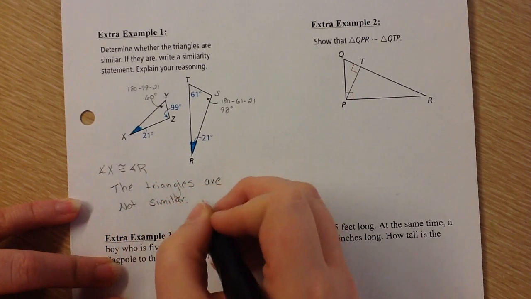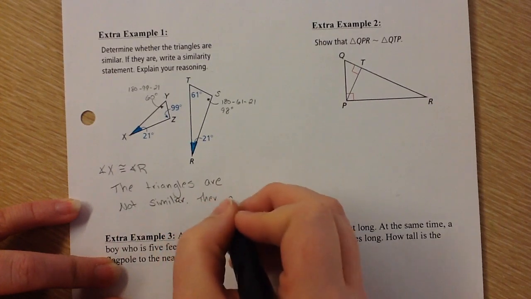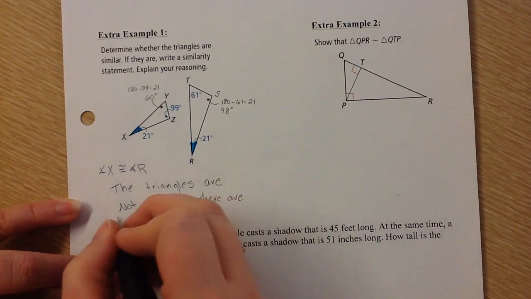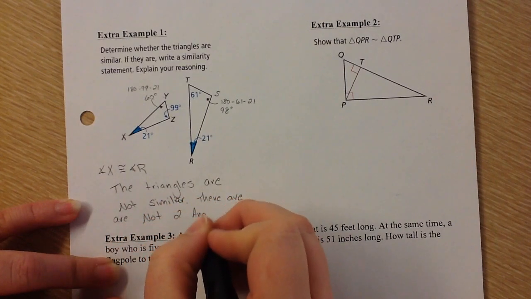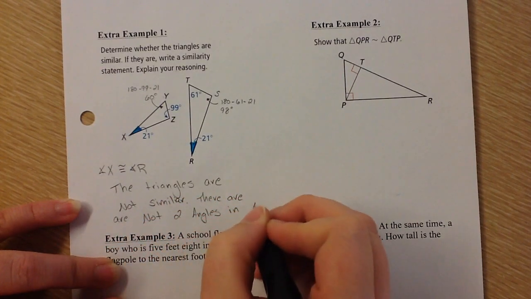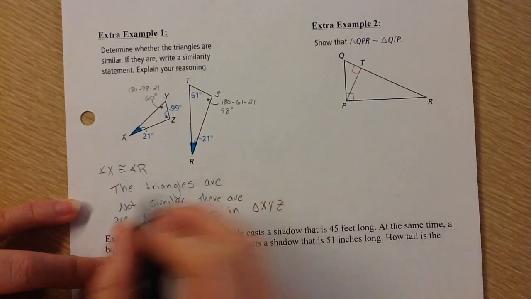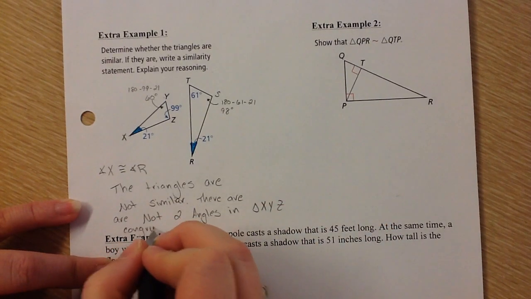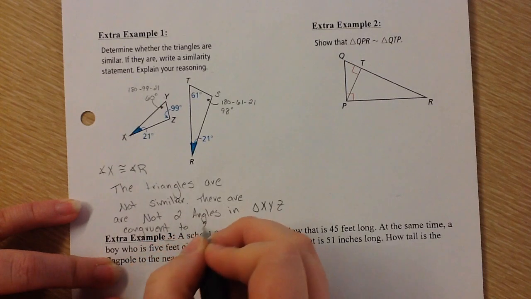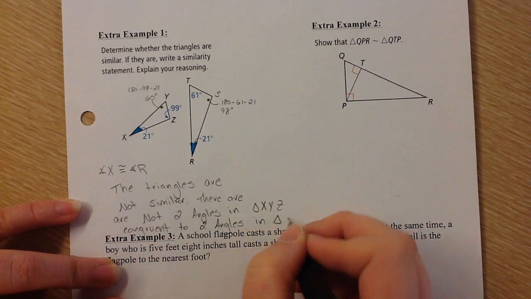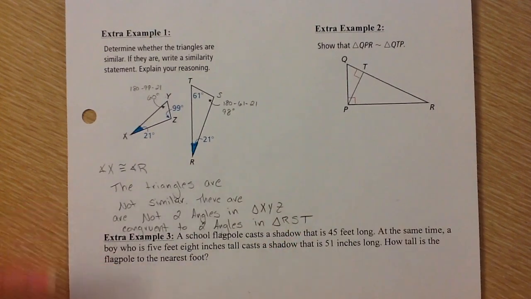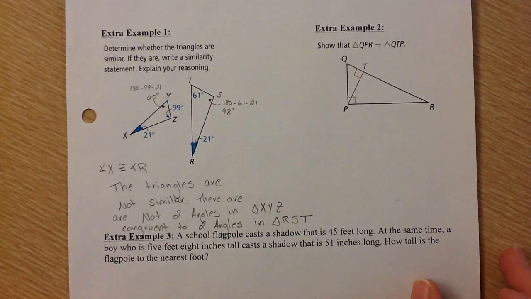There are not two angles in triangle XYZ congruent to two angles in triangle RST.